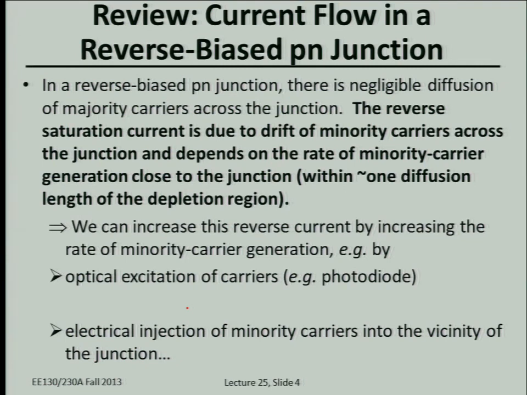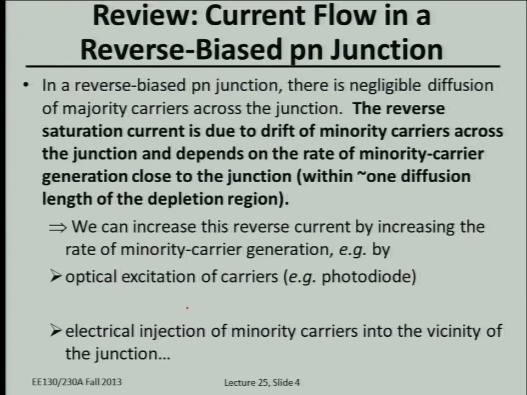So basically, we can use light to increase the reverse bias current flowing in a PN junction because we're introducing more minority carriers within one diffusion length of the depletion region. Now, what's another way you can introduce minority carriers? Let's review.